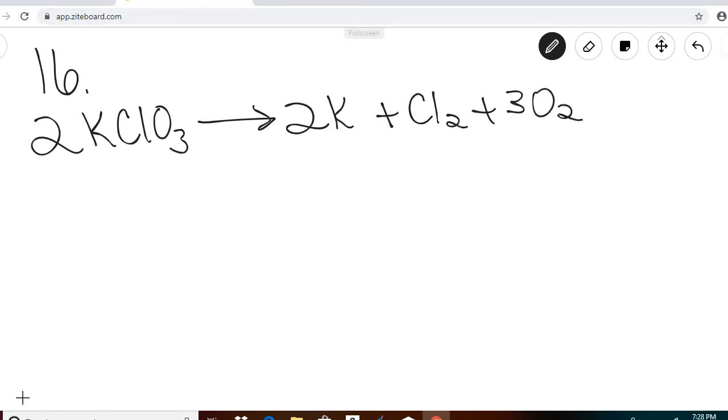Okay, so you should recognize that as a decomposition reaction.